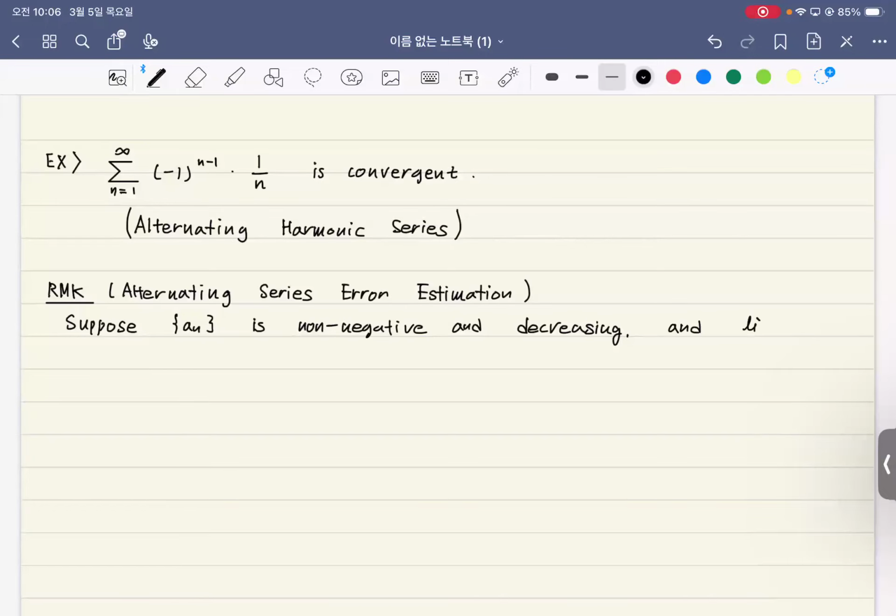Now, since this guy is satisfying all those conditions, we know that this is convergent, and we give this guy a name. So let me say this is an S.